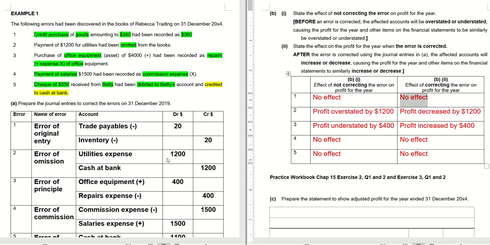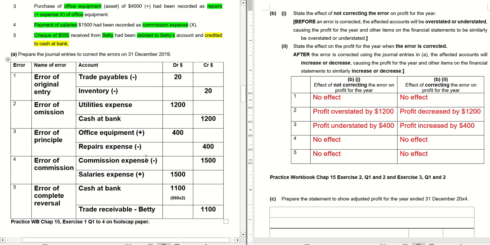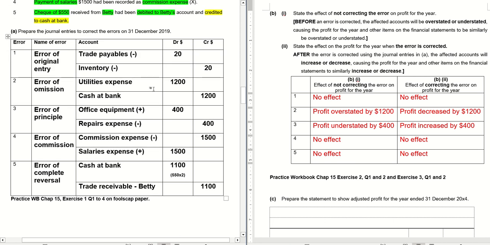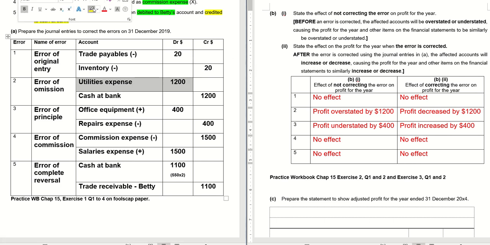Let's take a look at the second mistake, where there was an error of omission. What is the effect of not correcting the error on profit for the year? What you should do is look at the two accounts and identify the account that will have an effect on profit for the year. Only utilities will have an effect on the profit for the year.